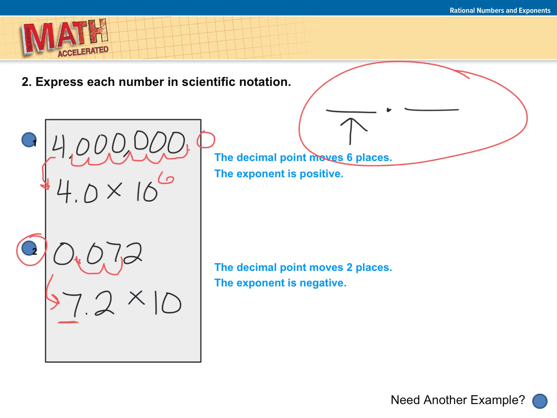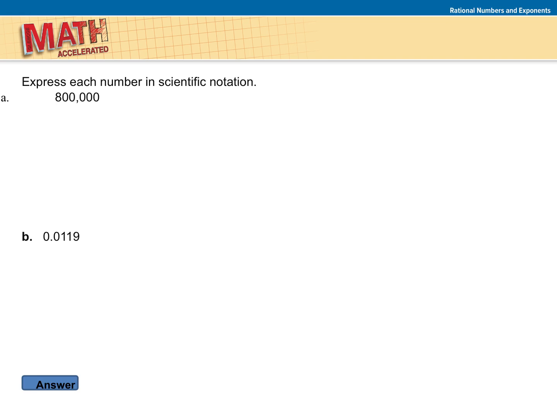But is my exponent going to be positive or negative? Negative, because our number is getting smaller.